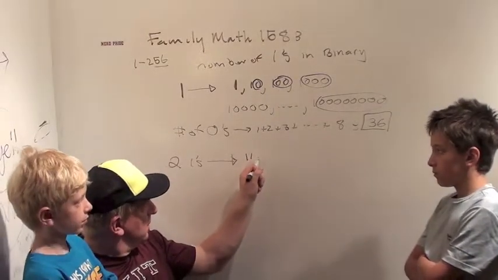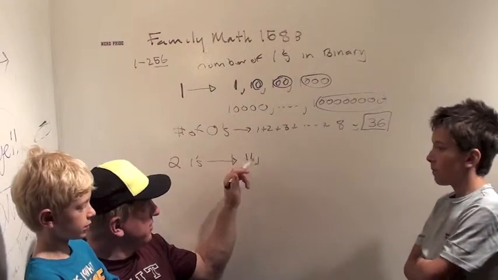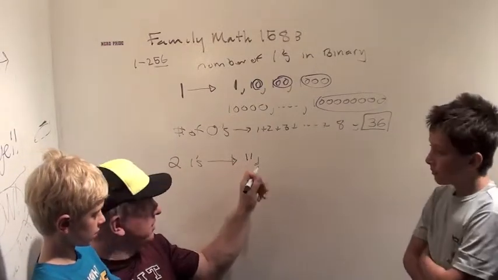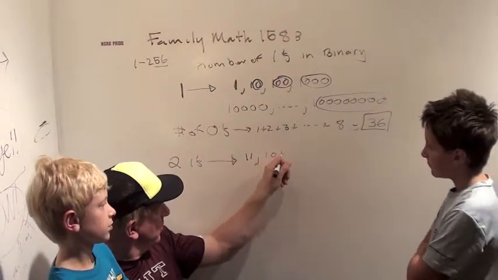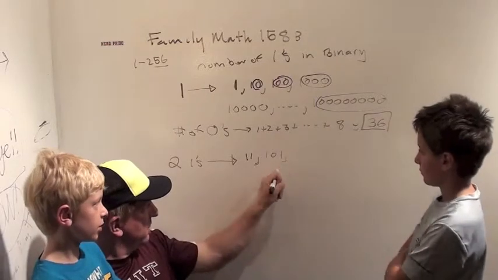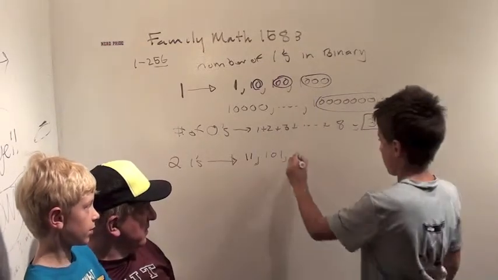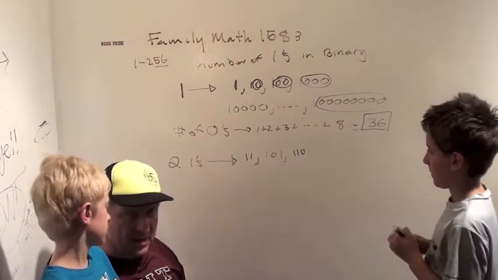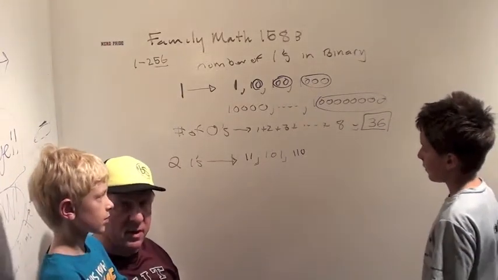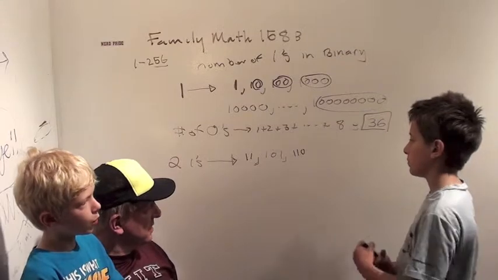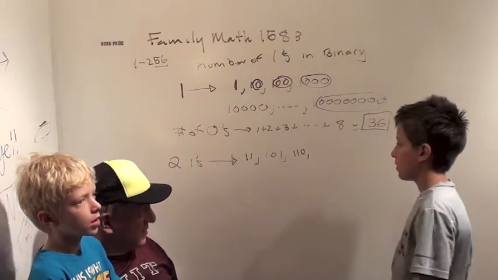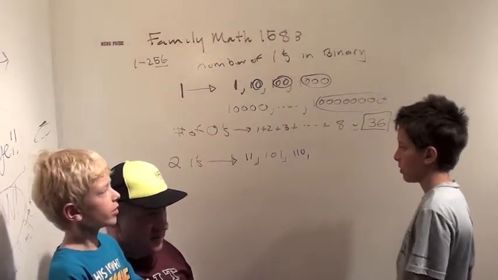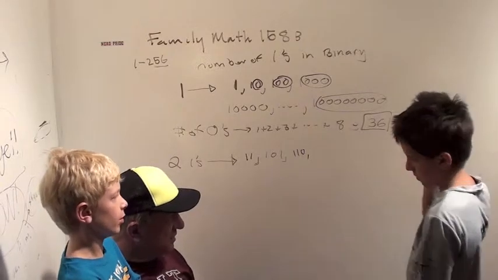Okay. The next number after this is 1, 0, 0. That only has 1, 1. 1, 0, 1. What's going to be next? It's going to be 1, 1, 0, which is 6. What's the next number that's going to have 2 ones? 1, 0, 0, 1.